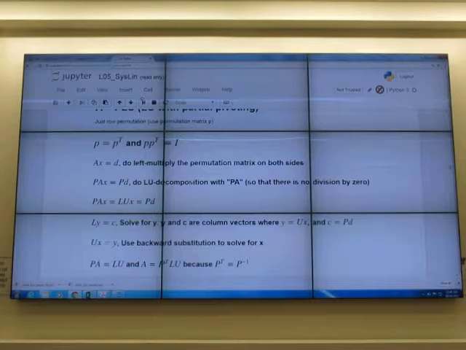Why is that? Why do I care about how many times I switch the row? That is going to impact the condition number, complexity, determinant. For the determinant, you remember the formula is minus 1 raised to the power of s.